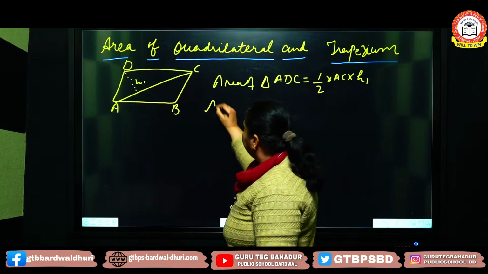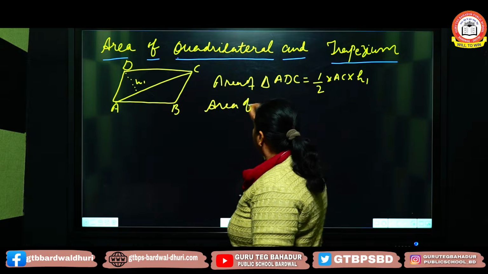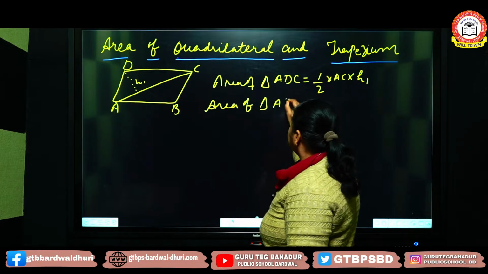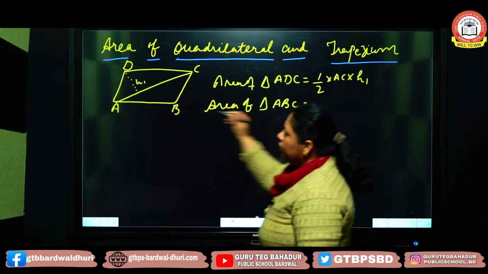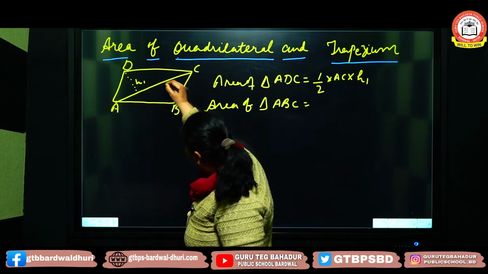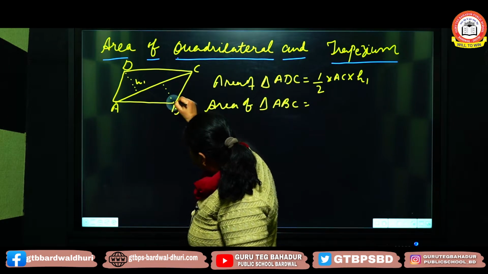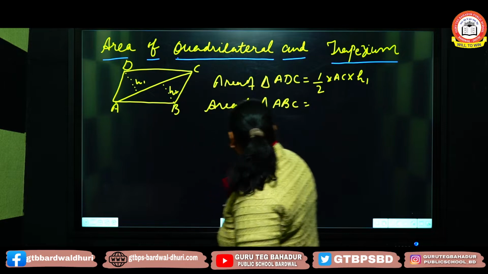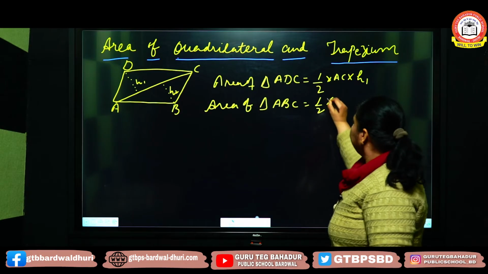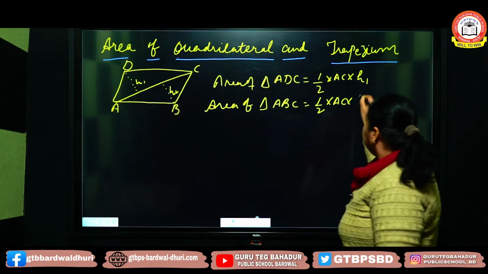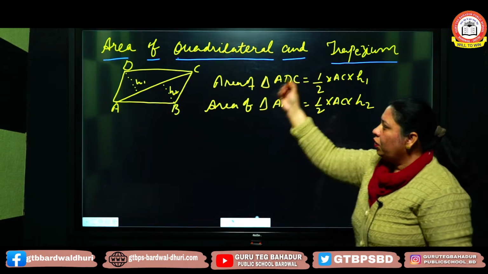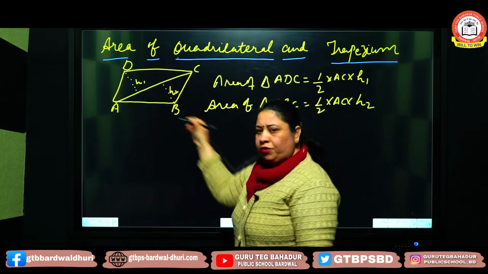Next, the area of triangle ABC. Same, the base is AC. Let us draw one perpendicular, named H2. So it will become half into AC into H2. Now I want to find the area of this full quadrilateral.